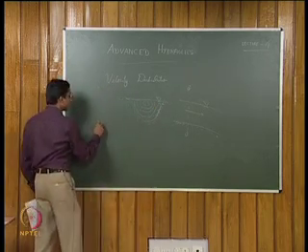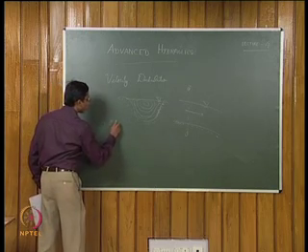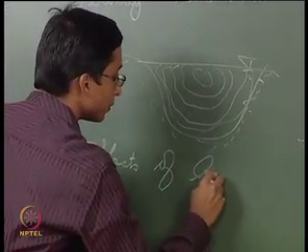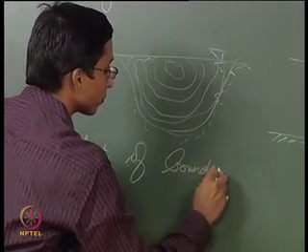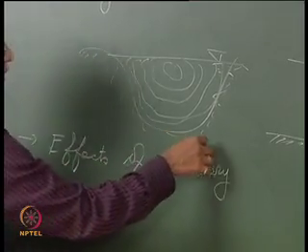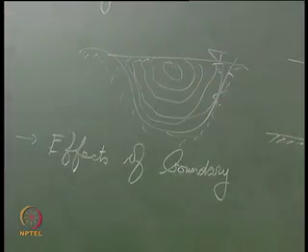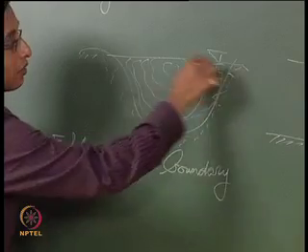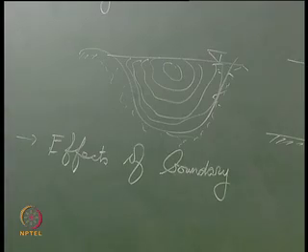The reason behind it was the effects of the boundary. Due to the boundary side walls, the bottom and all, there are many boundary effects that cause friction, and there will be a distribution in the velocity pattern.